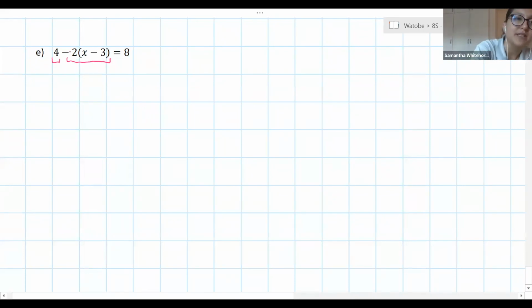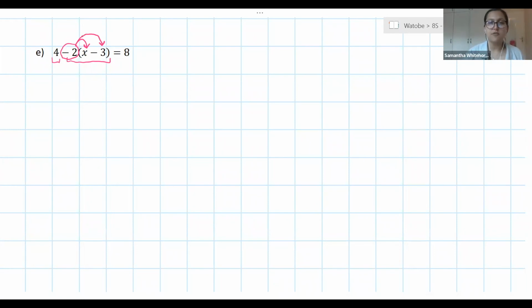And what that means is that we first need to distribute this -2 into the bracket, because remember, it goes back to expressions. If I've got multiple terms, let me simplify each term before I do anything else. So I first want to distribute that -2 into the bracket before I start solving my equation.